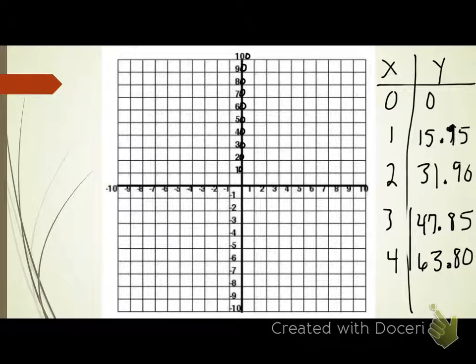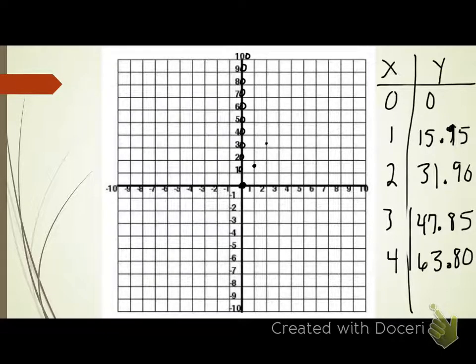So, my first ordered pair is 0, 0. So I put a point at the origin, 0, 0. Next ordered pair is 1, 15.95. So I'm going to go right 1, up 15.95, which would be right about there. Next ordered pair is 2, 31.90. I'm going to go right 2, up 31.90.